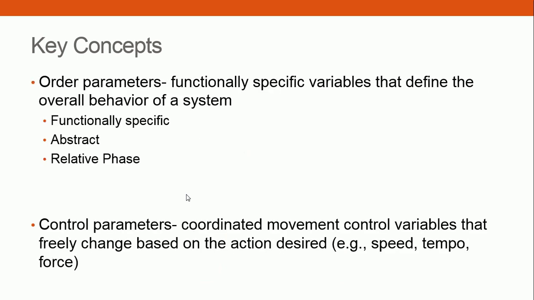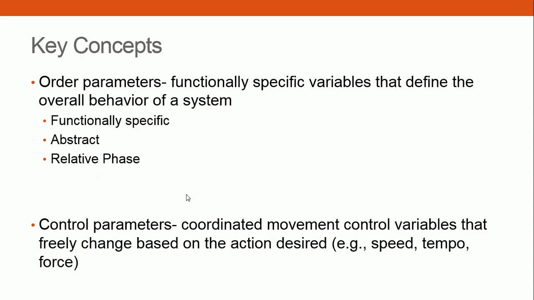Okay, so when I think about this concept of self-organization, the human motor system acting as a dynamical system, there are two critical types of parameters we identify: order parameters and control parameters. Order parameters are fairly similar to the concept of invariant features that we talked about with the generalized motor programs. Order parameters are things that are functionally specific.